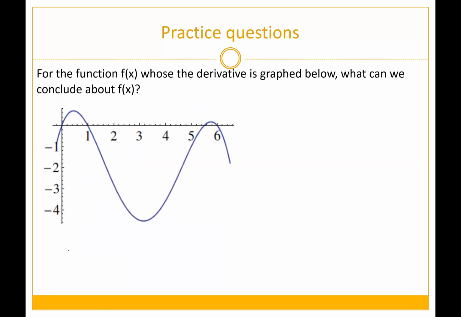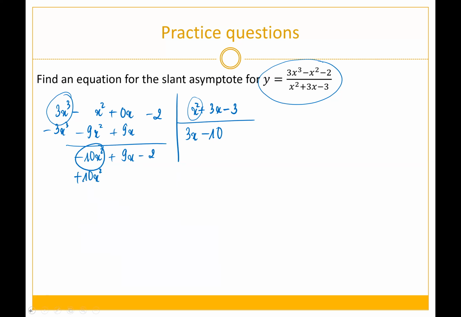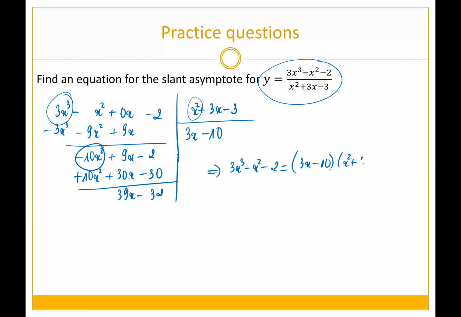So what we have is plus 10x squared plus 30x, minus 30, which is going to give us 39x minus 32. Using this long division, basically we rewrite 3x cubed minus x squared minus 2 as 3x minus 10 multiplied by x squared plus 3x minus 3, plus 39x minus 32.